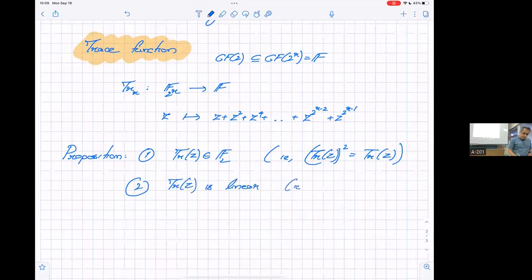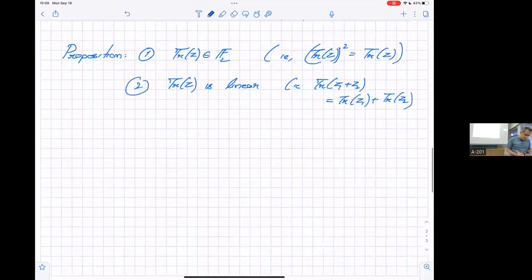That follows from the same property: trace of Z1 plus Z2 is trace Z1 plus trace Z2. That's just because a plus b the whole square is a square plus b square. Just put Z1 plus Z2 instead of Z, and it splits off term by term. So trace is a very nice linear map.